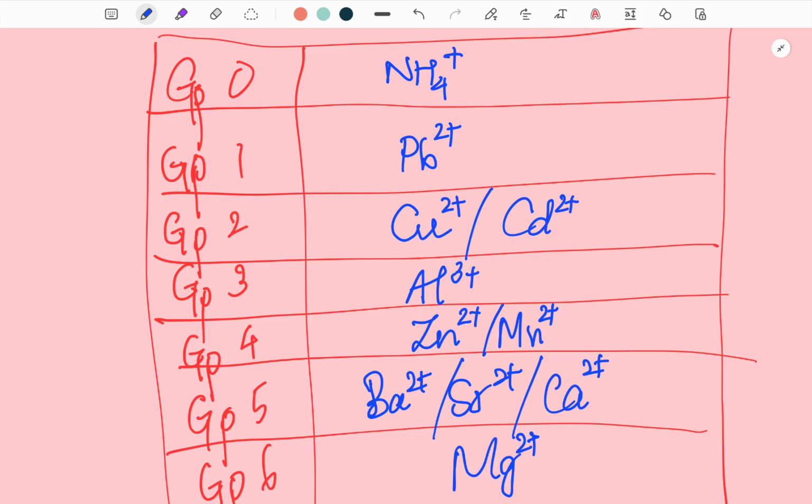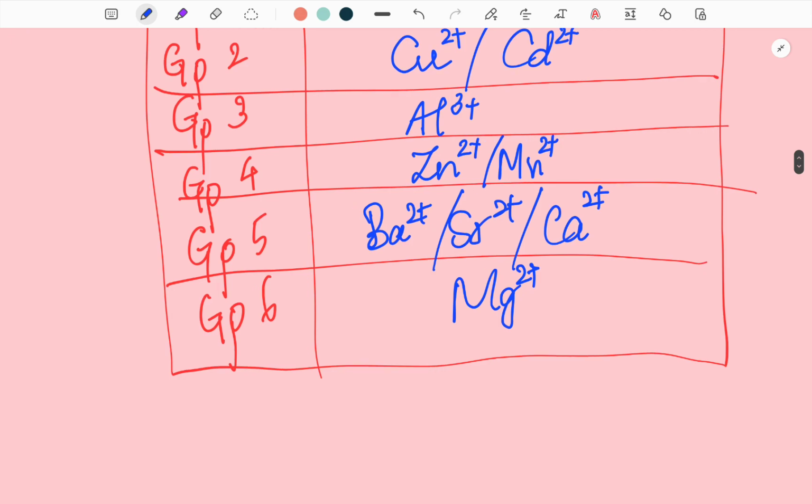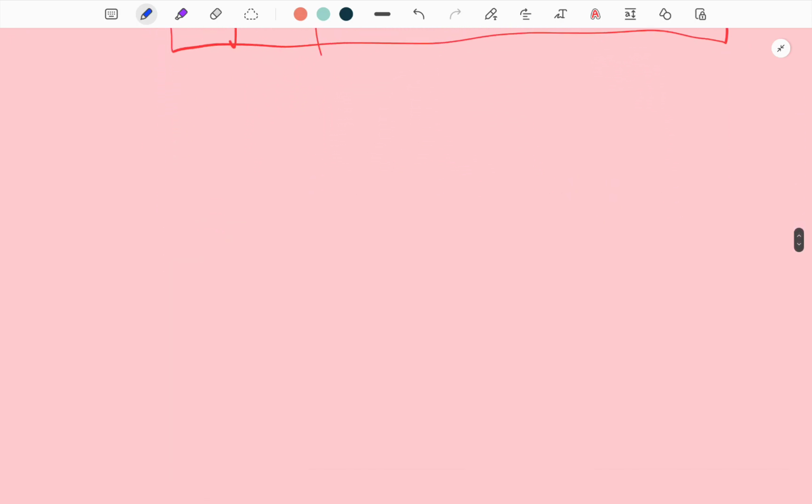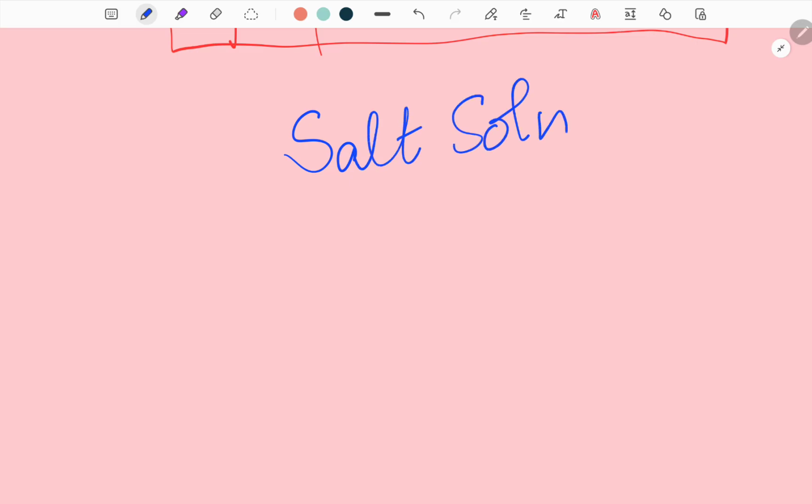So now let's begin with the identification tests. For the cations, just like how I had mentioned for the anions that in all the tests we are using the salt, for the cations, in all the tests, we are going to be using the salt solution.